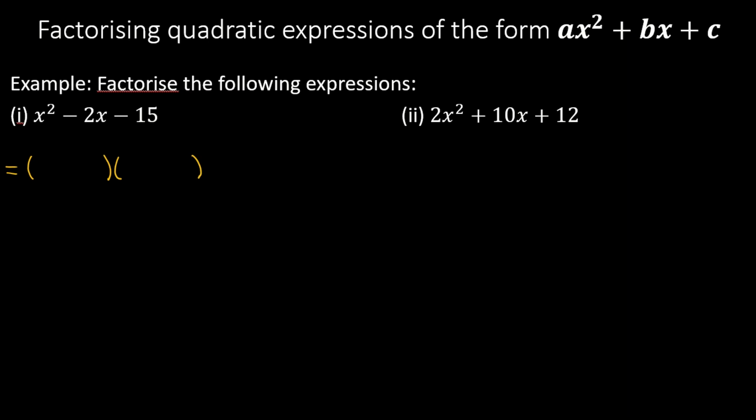Then we draw our x. We consider the leading term, x squared, the coefficient is 1, and the last term, negative 15. We multiply these two to give negative 15.